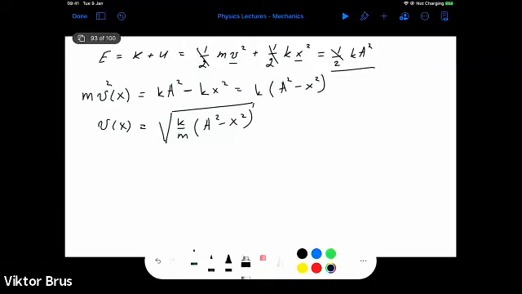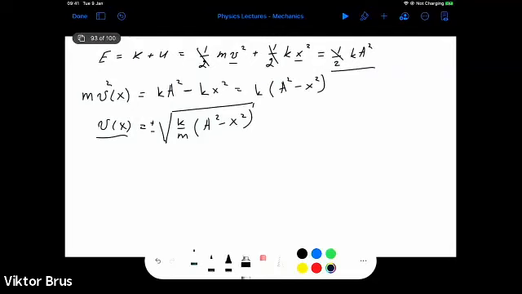And another thing, we should put also here plus minus, because the velocity will reach this value twice for the same location: it can move from the left to the right, and then it comes back from the right to the left.